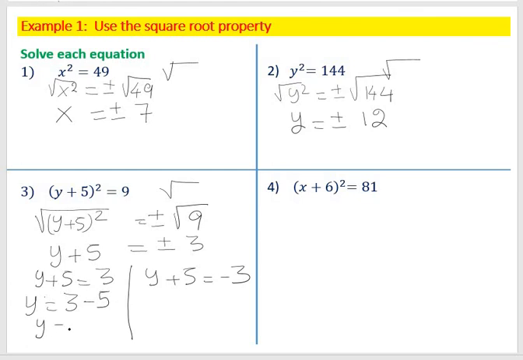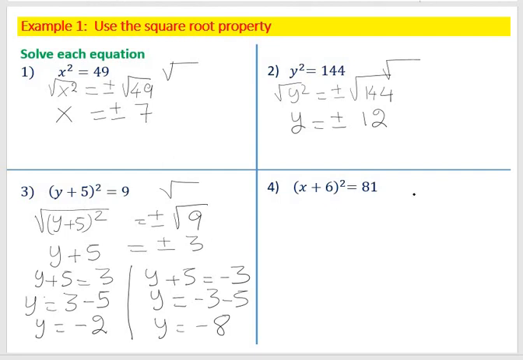Then y equals negative 2. And here, I'm going to move it by the negative sign too. It will give me y equals negative 3 minus 5, so y is equal to negative 8. Both of these are the answers of this problem.